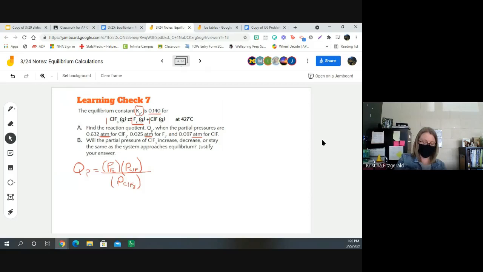We're just going to plug in the numbers they gave us because those are already in pressures, so it's just a plug and chug. We've got 0.025 times 0.097 over 0.632. Somebody divide that on a calculator. Does anyone have a number yet?